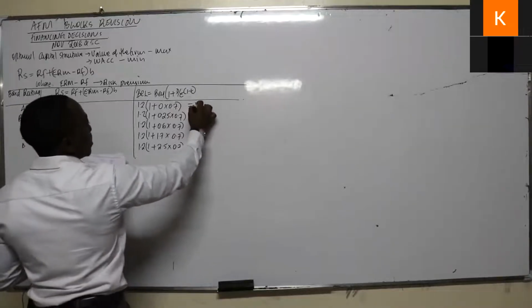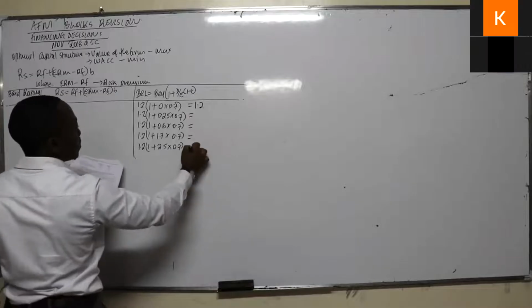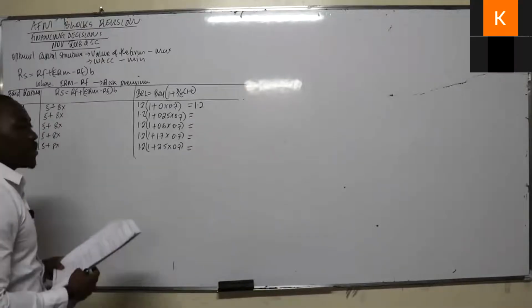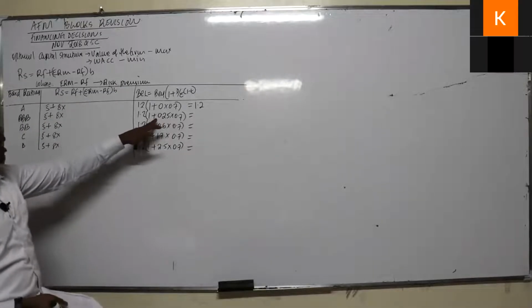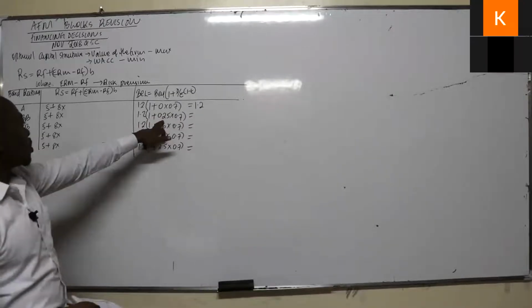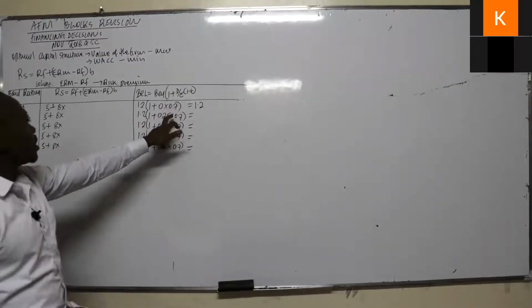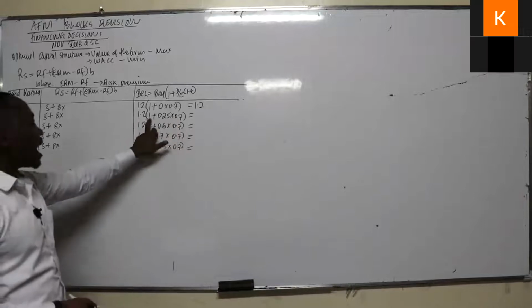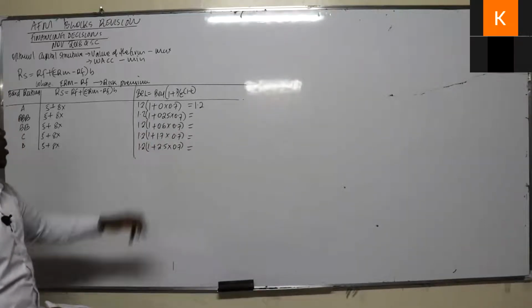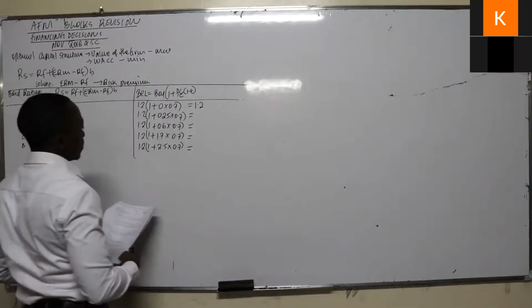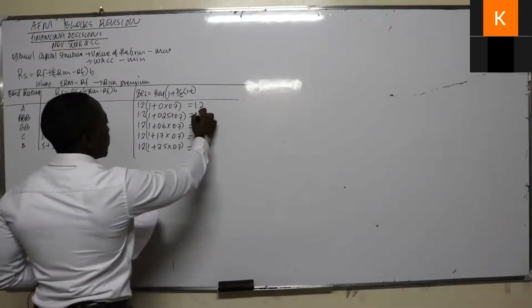The first one is 1.2. You just take 0.25 multiplied by 0.7, you add 1, then you multiply by 1.2. That gives 1.41.